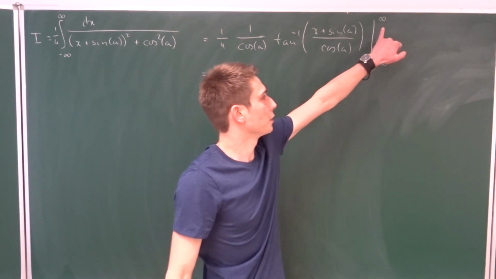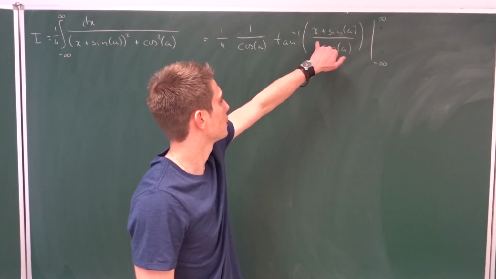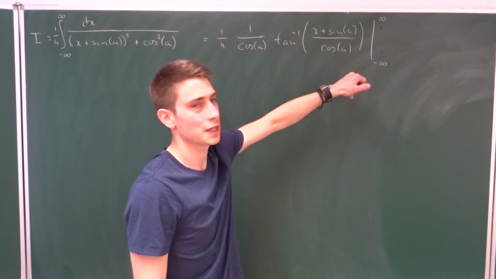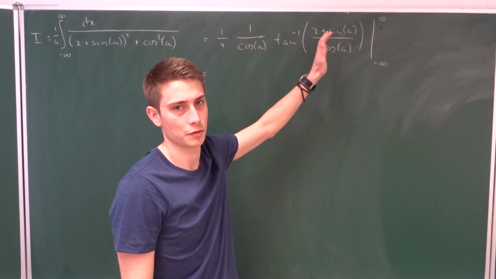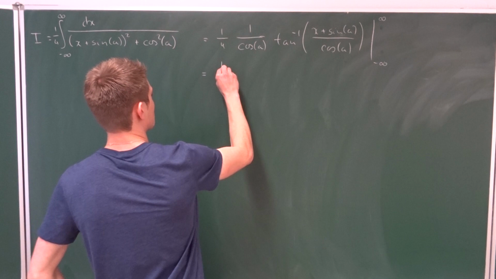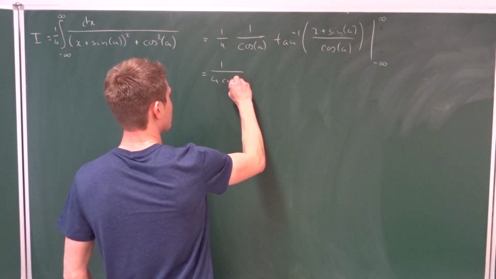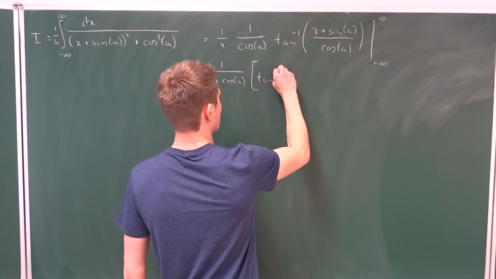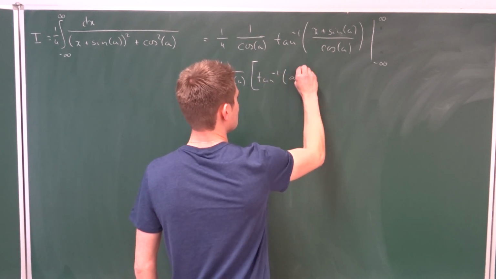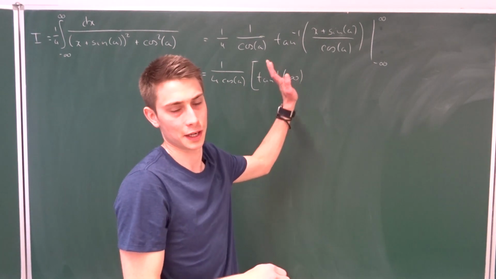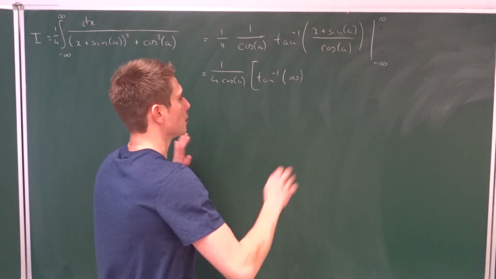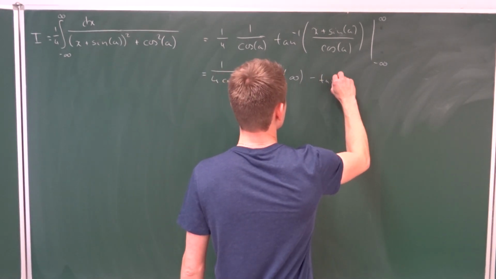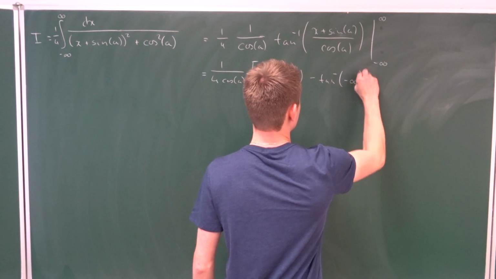So if we plug in infinity into here, that means it's the inverse tangent of infinity. And if we plug minus infinity into here, it's the inverse tangent of minus infinity. So that's 1 over 4 times cosine of a times, okay, what are we left with? That's the inverse tangent of infinity, or the limit when n goes to infinity, I don't want to write it out, minus the inverse tangent of minus infinity.